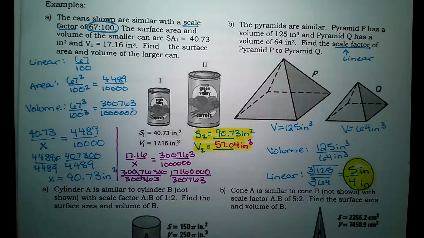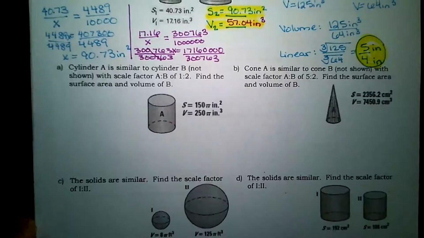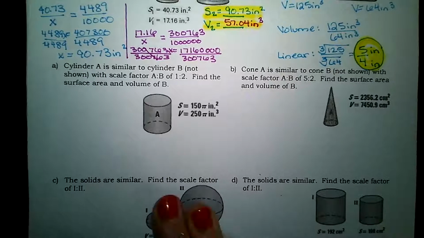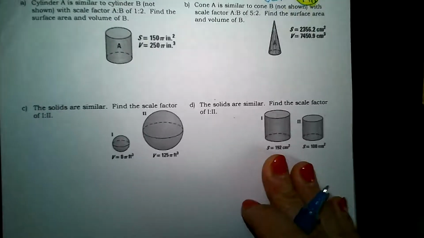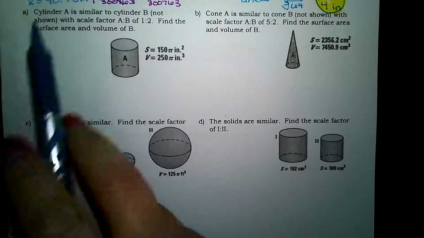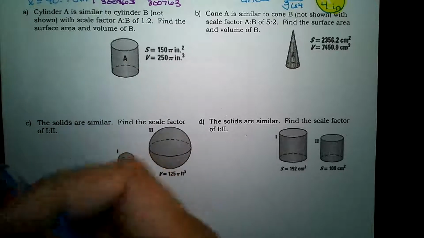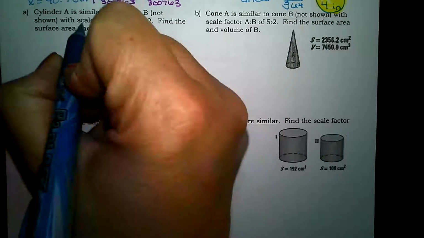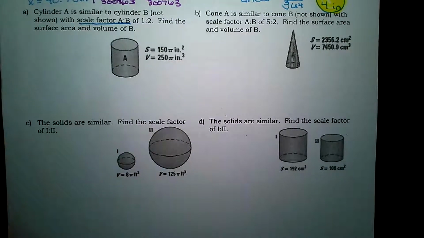Okay, I'm going to do a couple more with you, and then we're going to practice the rest on our own. So let's check out this next example with the cylinder. Okay, let's start with our directions. Cylinder A is similar to cylinder B, which is not shown, with a scale factor that's linear of 1 to 2.